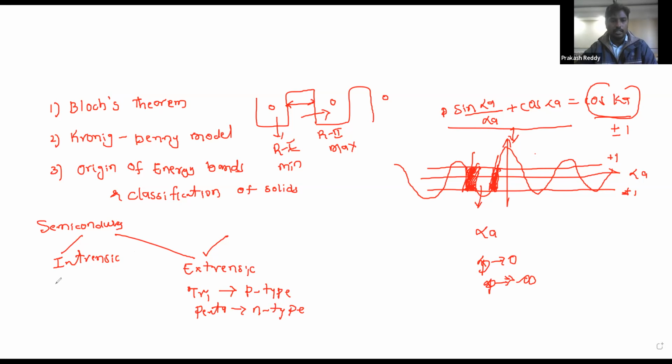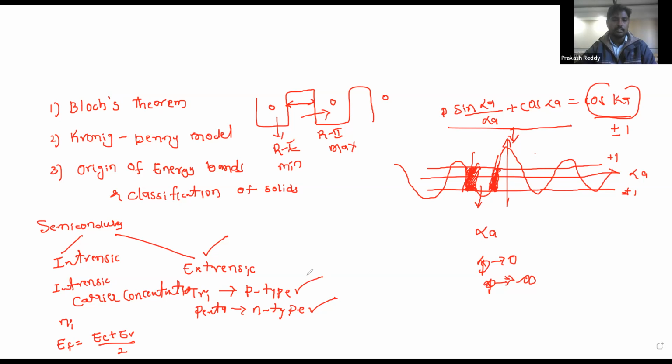In that we are finding the intrinsic carrier concentration Ni, and after that the Fermi energy level EF. EF equals EC plus EV by 2 plus KT by 4 log something at low temperatures. After the intrinsic semiconductor, in the extrinsic semiconductor, we are finding the N-type carrier concentration as well as the P-type carrier concentration.